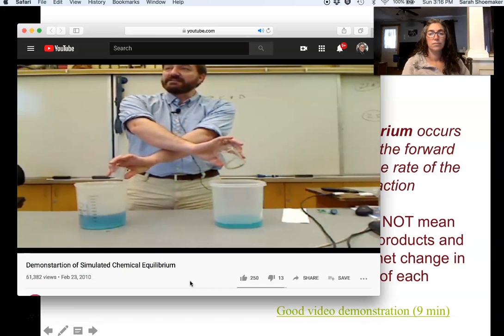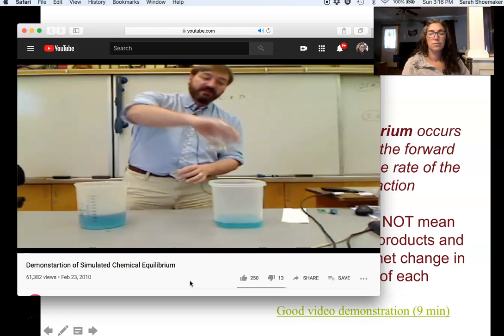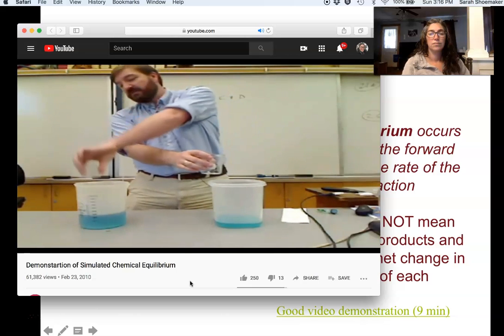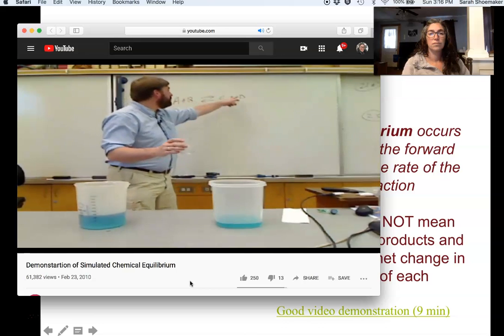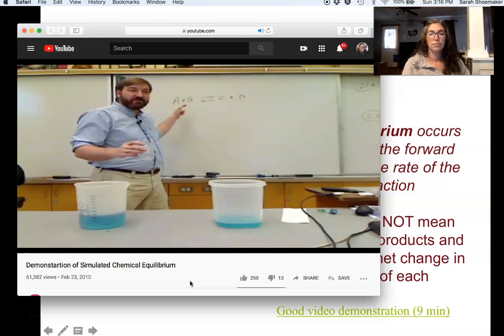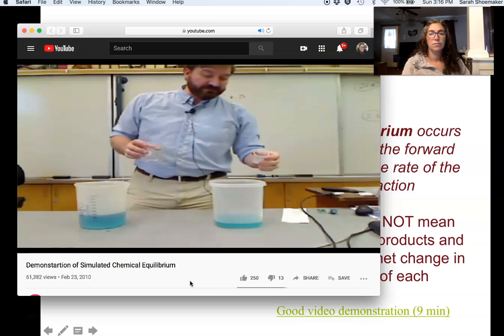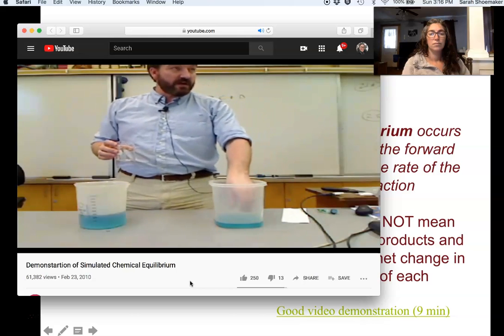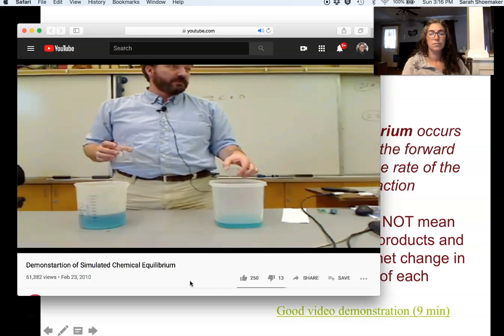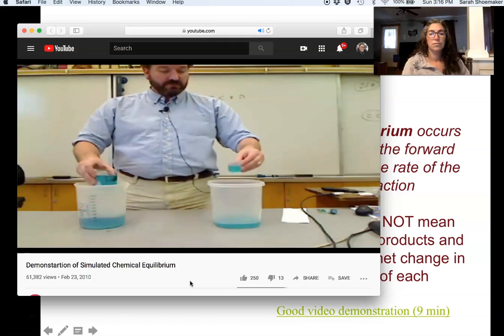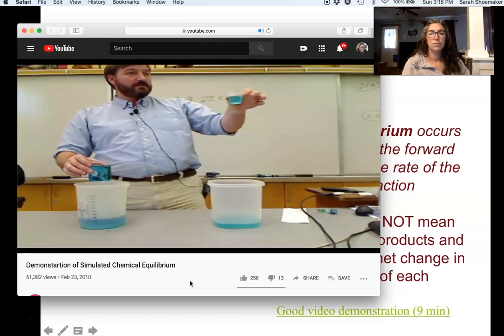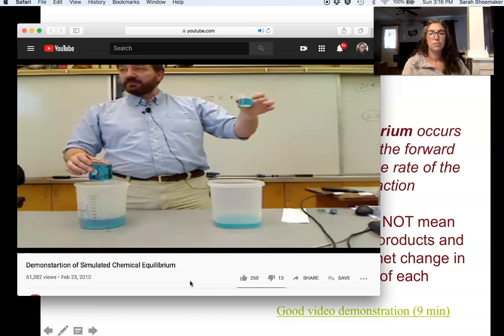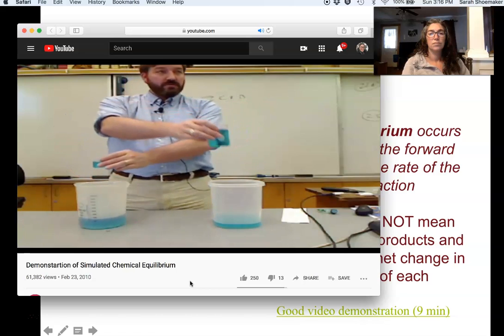Okay, this pouring represented reactants turning into products and products turning into reactants. The two parts of this reaction, the forward and the reverse. Okay, now you can see the concentration of the products has increased. So when I scoop this time, I'm getting some products changing into reactants.